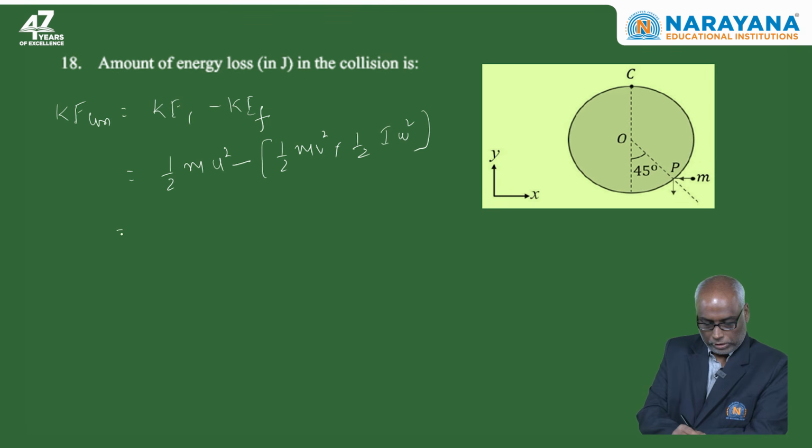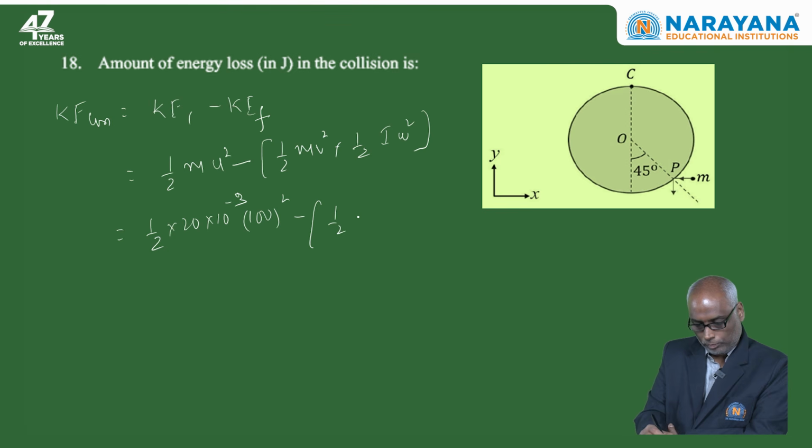So now from this equation I can say half into small m is nothing but 20 into 10 to the power of minus 3, initial velocity is 100 whole square, minus half into small m again 20 into 10 to the power of minus 3 into the final velocity given as 90 whole square, plus half into the moment of inertia about point C, 3/2 mr², mass of the disk is M and radius of the disk is 20 centimeters, 0.2 whole square, into ω².